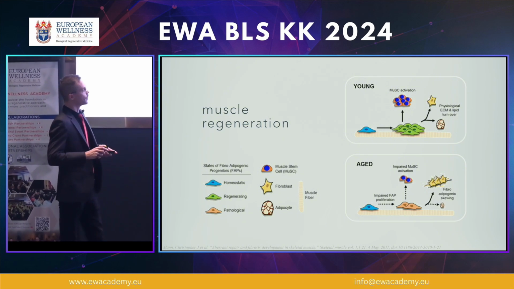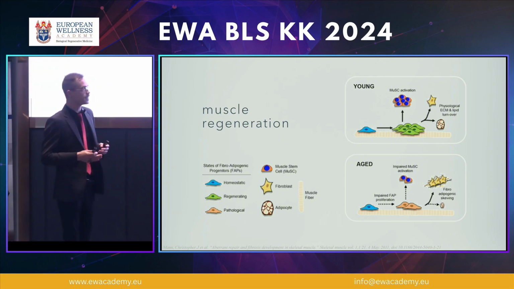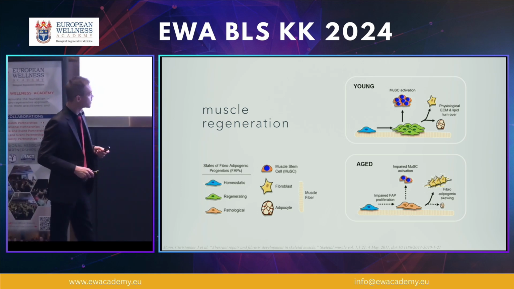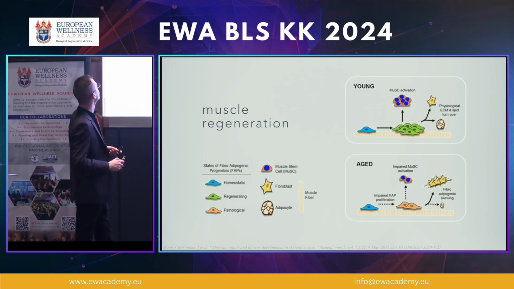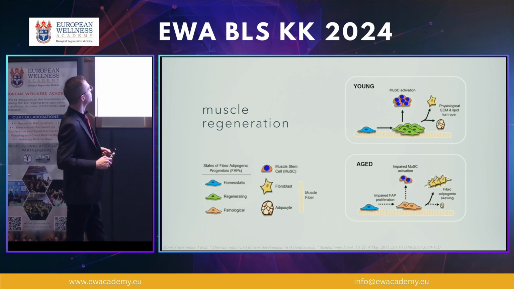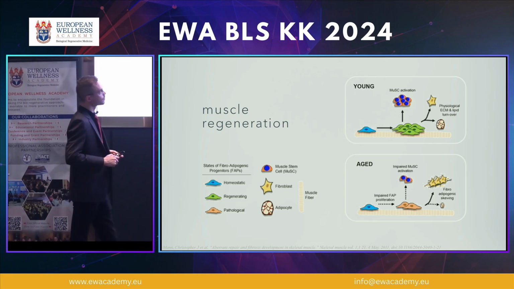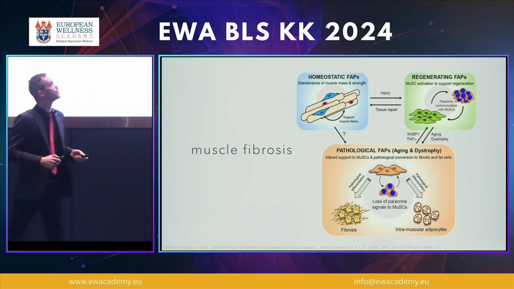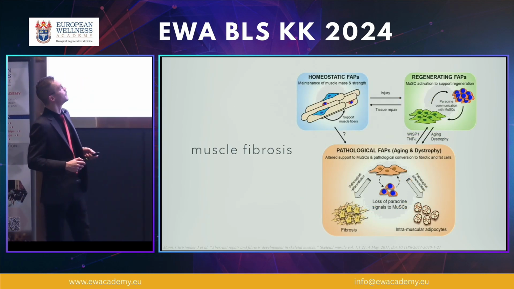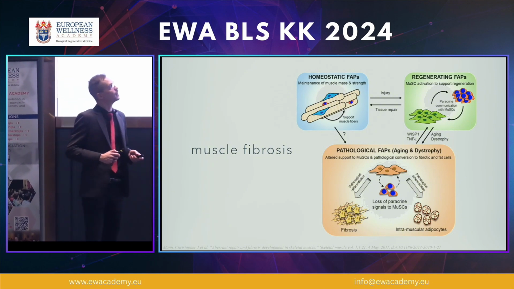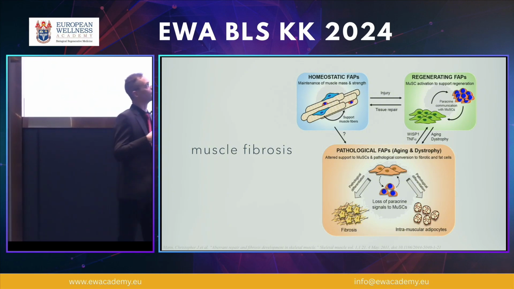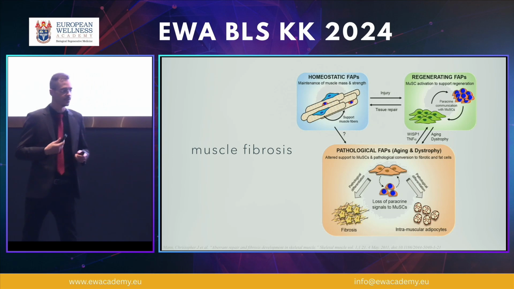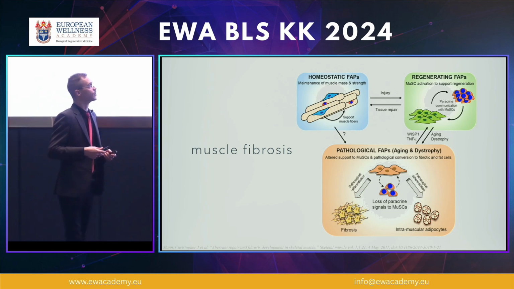And along with those satellite cells, we have so-called fibroadipogenic progenitors, FAPs. So in the normal scenario, during our young age, these FAPs affect our satellite cells and effectively restore the tissue.